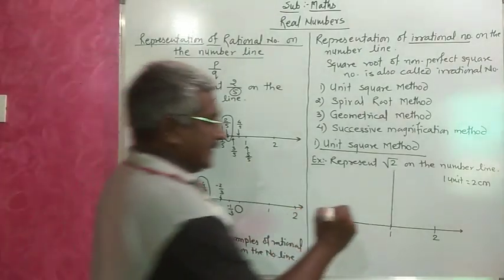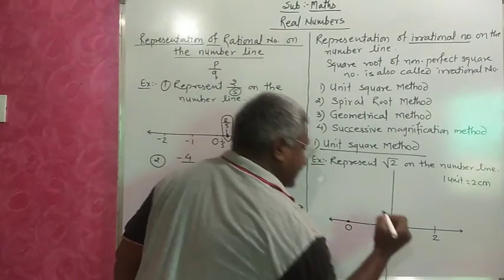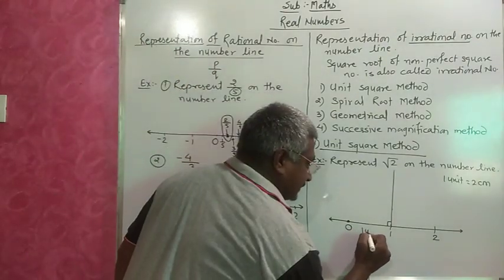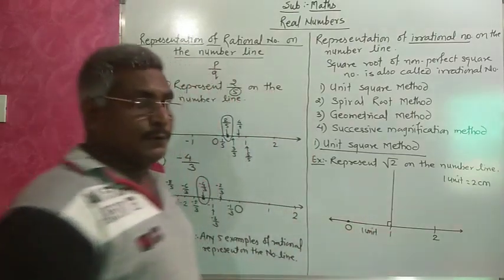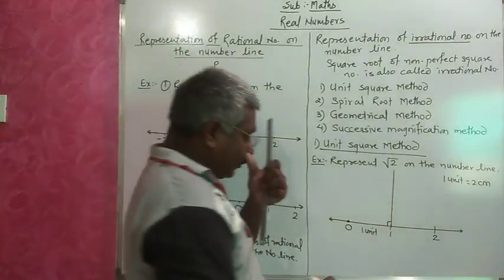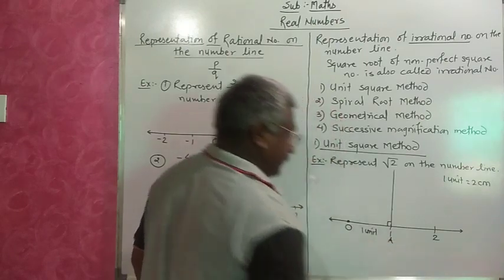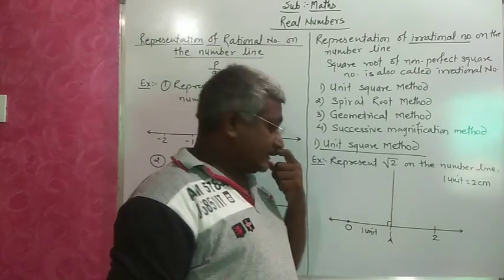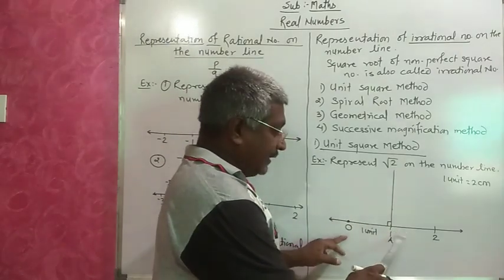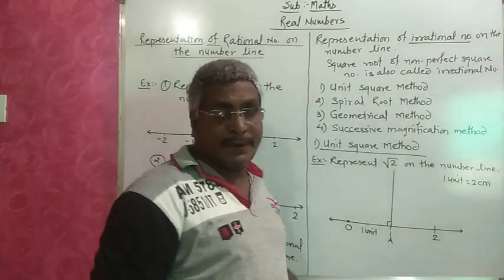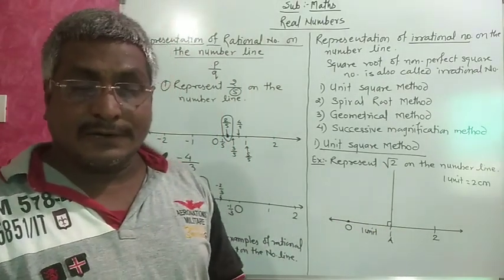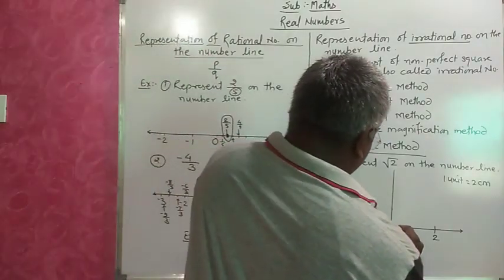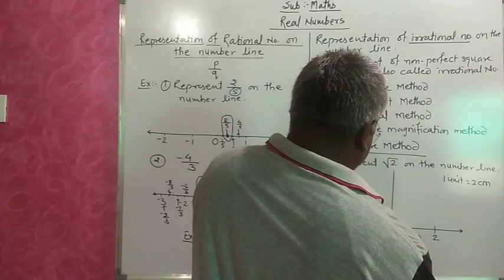Looking, student, it is the 90 degrees and 1 unit distance. Suppose here I write A. Now we have to take the same unit on the perpendicular. How much distance is there, student? 1 unit.